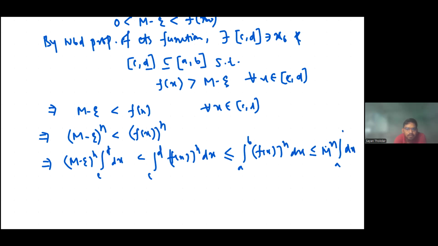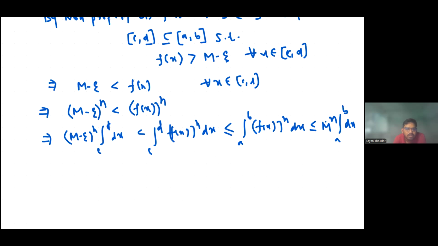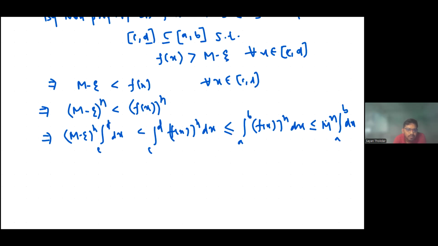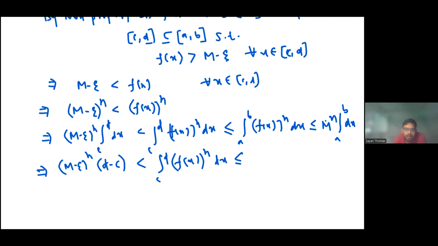Now just compute the integration: (M minus epsilon) to the power n times (d minus c), which is positive, is less than the integral from c to d of f of x to the power n dx, which is less than or equal to the integral from a to b of f of x to the power n dx, which is less than or equal to M to the power n times (b minus a). Clear?